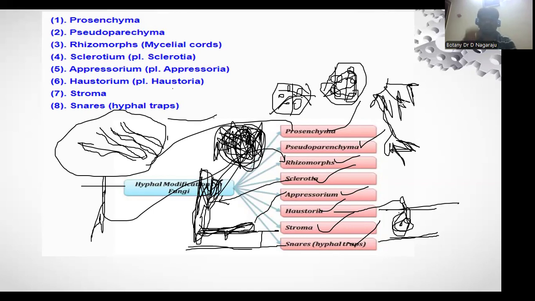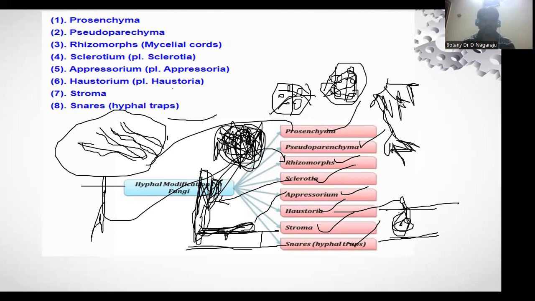What is the function of the haustoria? That's in the question, complete exam. Absorb nutrition. Are haustoria present in saprophytic fungi, or symbiotic fungi, or parasitic fungi, or necrotrophic fungi? Just now I told you: only in parasitic fungi are haustoria present.